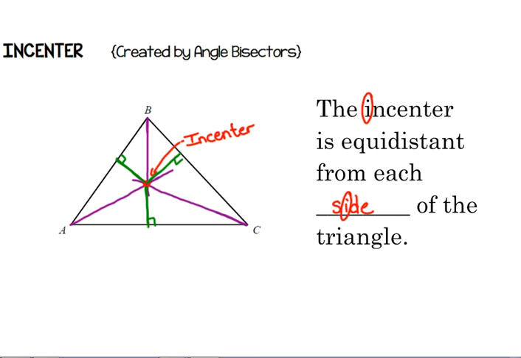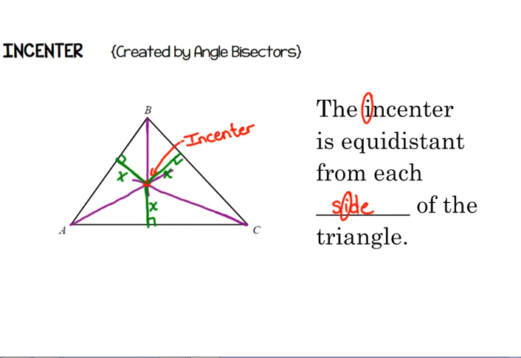Those segments that I have there in green should all have the same length. So I'm going to label them with X. X, X, and X. I know they don't look like it. That one on the left is a little bit shorter. But I didn't really actually measure the angles, so I don't know that I have the bisectors in exactly the right spot.